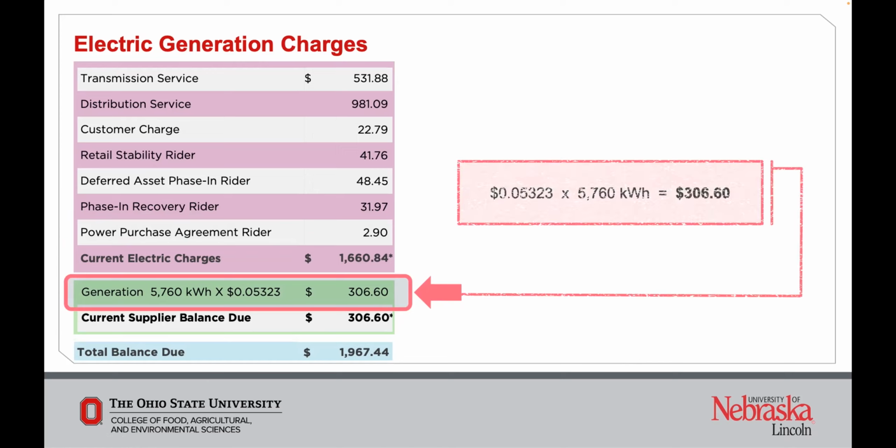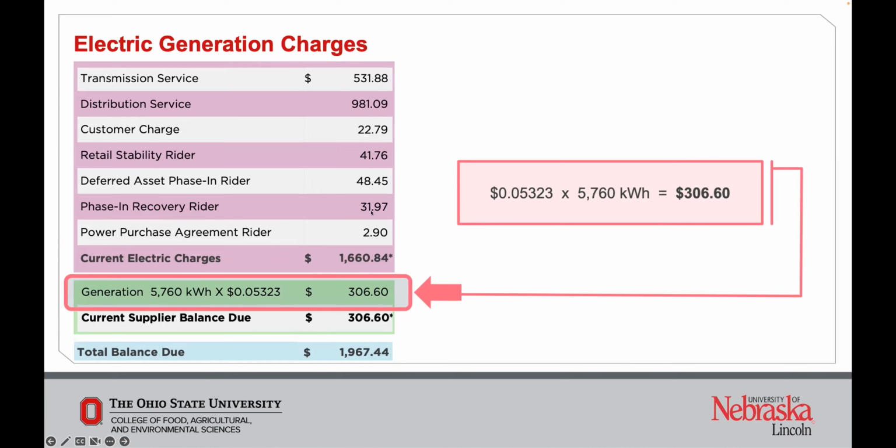And so if we really dive into it and break down what we're charged for the generation component of our bill, on this rate schedule, they're charged 5.323 cents per kilowatt hour. And so as we work that math out, $306.60 is allocated towards the actual generation charges. So when we think about the energy charges, this portion of it is what we're actually paying for the generation, 5.323 cents.